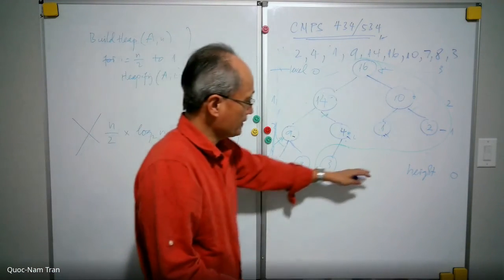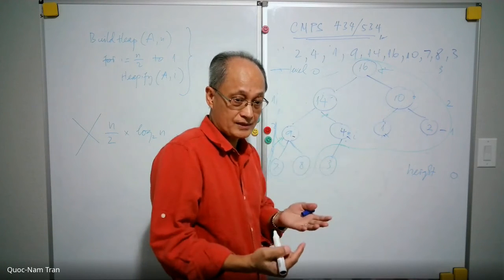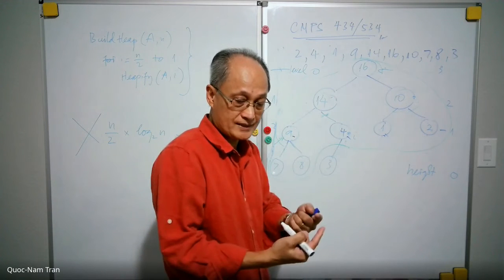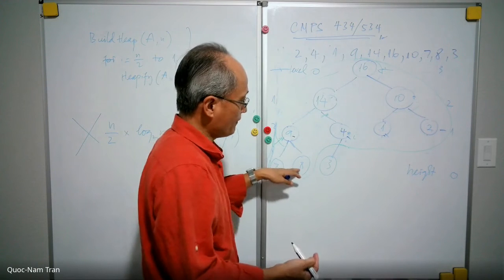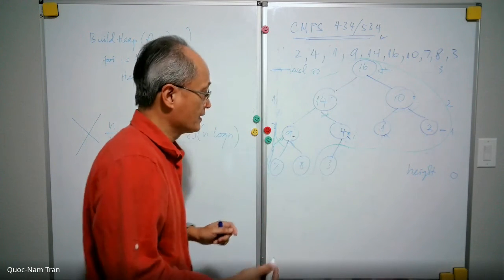Okay, so now for the last one, you have 0 steps, right? For the one before the last, we have 1 step. How many nodes can we have on the last level?